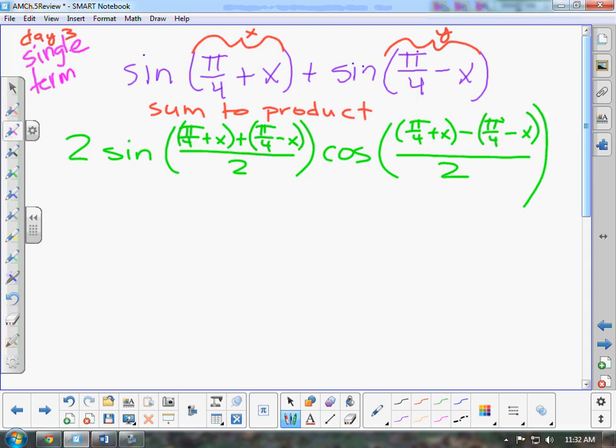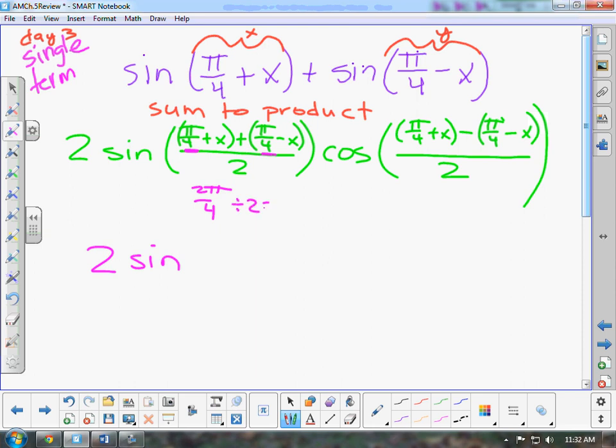Now then, doing some simplifying, pi over 4 plus pi over 4 is 2 pi over 4.